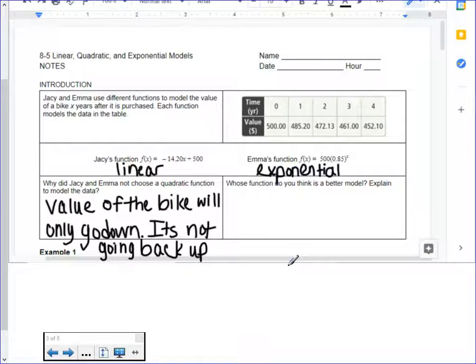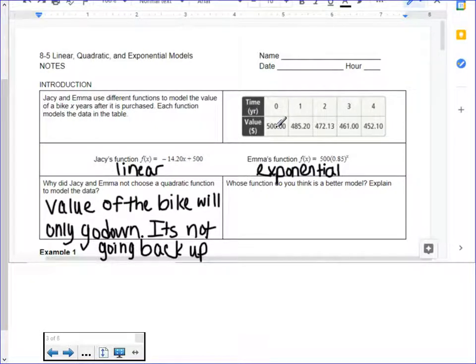It says, whose function do you think is a better model, and explain? So at this point, we can use our equations and our calculator to figure out which one actually matches up. What you would do is plug in 0 for x and see what you get. Well, negative 14.2 times 0 is 0, and plus 500 would be 500.